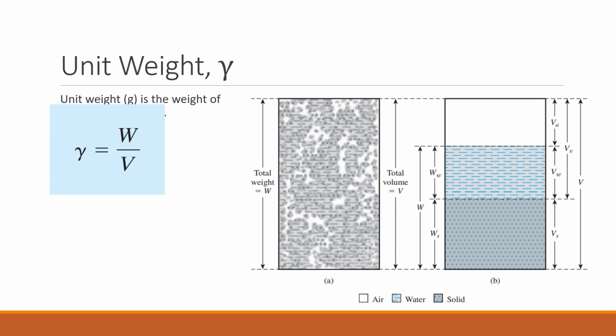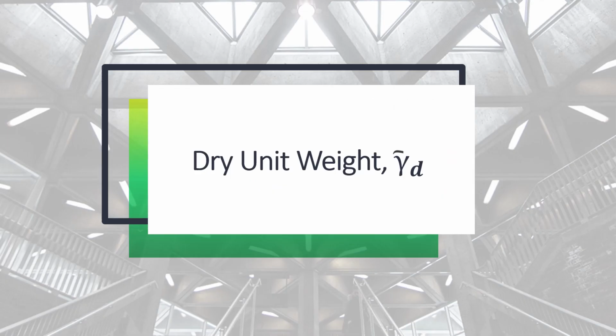Although there are at least three types of unit weight, which is the moist unit weight or unit weight lang. So when you say unit weight, automatically that is interpreted as the moist unit weight of the soil sample. We also have the dry unit weight, which is the unit weight of the dried sample, and the saturated unit weight. So we will be discussing that in the succeeding slide.